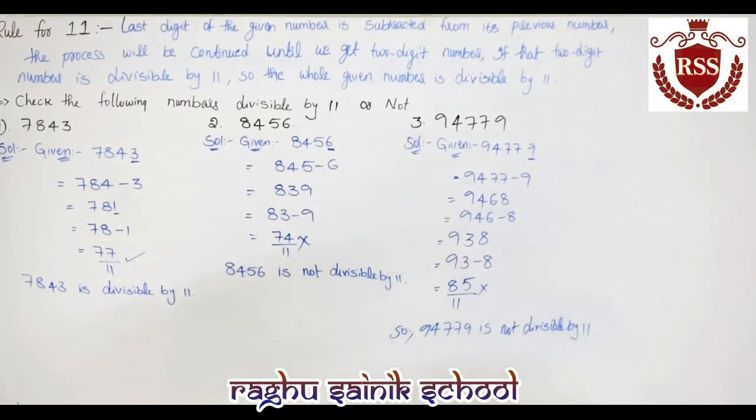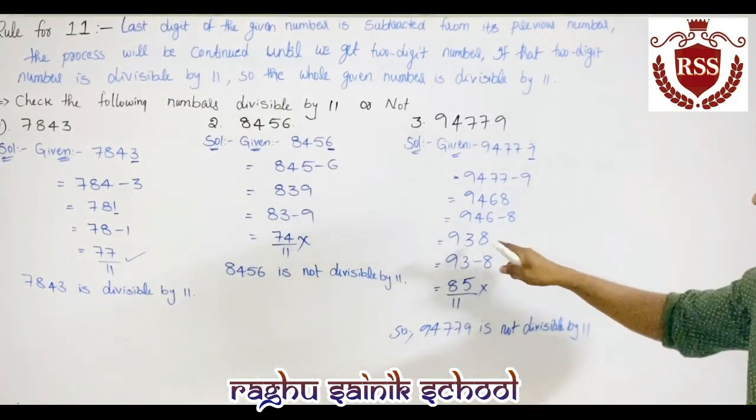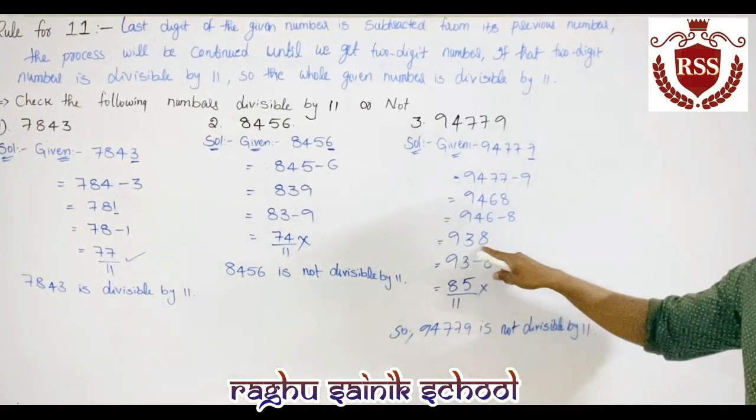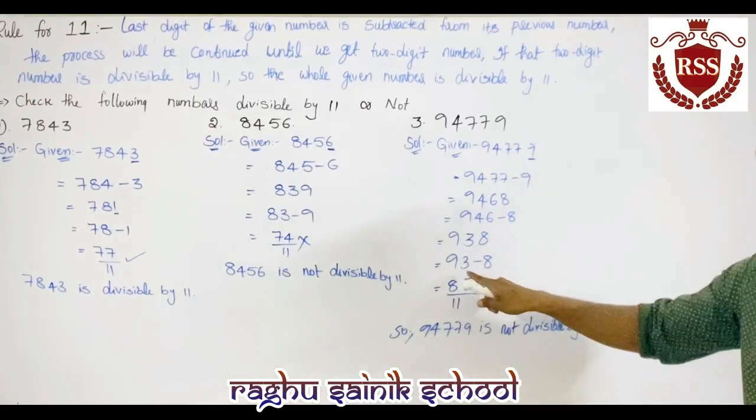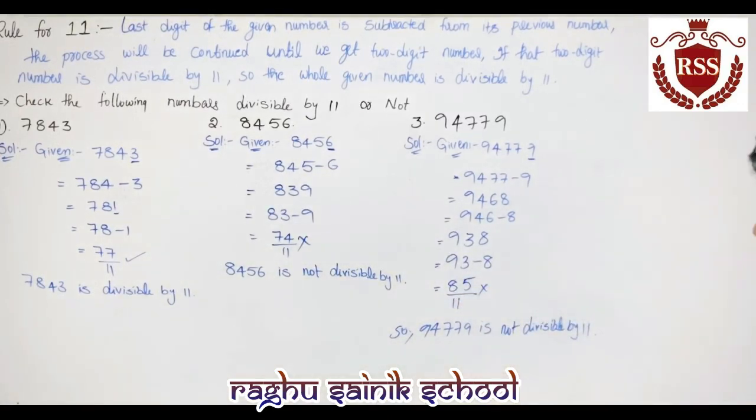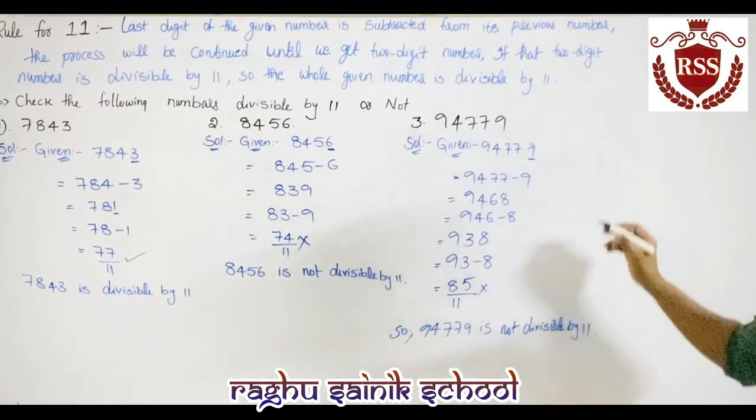Again 8 is subtracted from its previous number, and it will be 938. Again 8 is subtracted and it will be 85. 85 is not divisible by 11. So finally, 94779 is not divisible by 11.